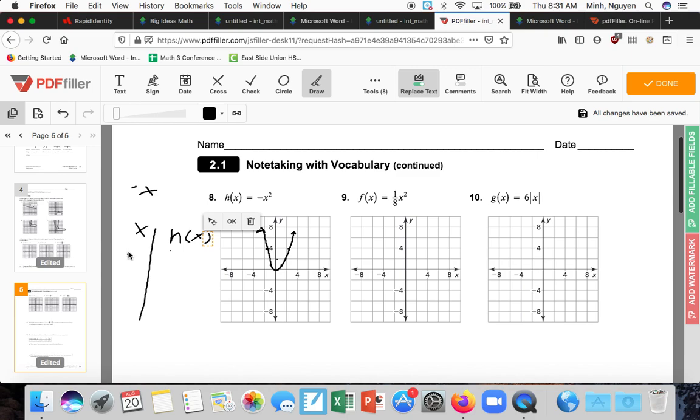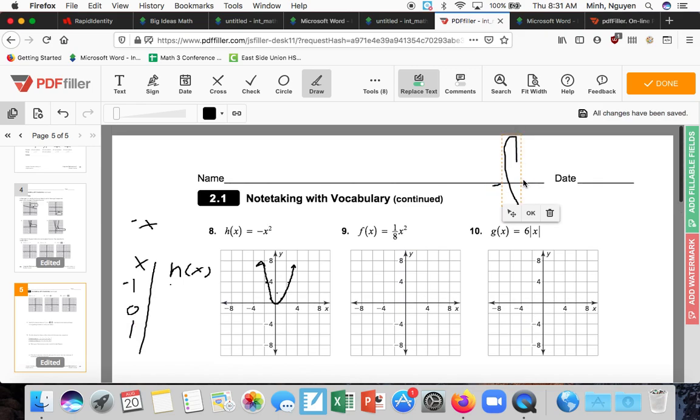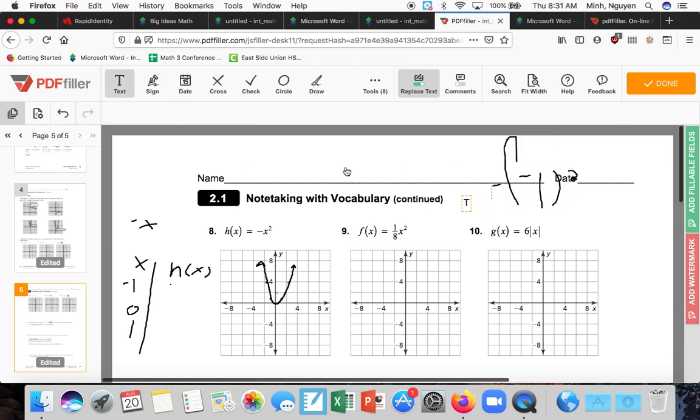So let's plug in -1, 0, and 1, so you have a general sense of the shape. So plug in -1, pretend that's a parentheses. -1 squared.